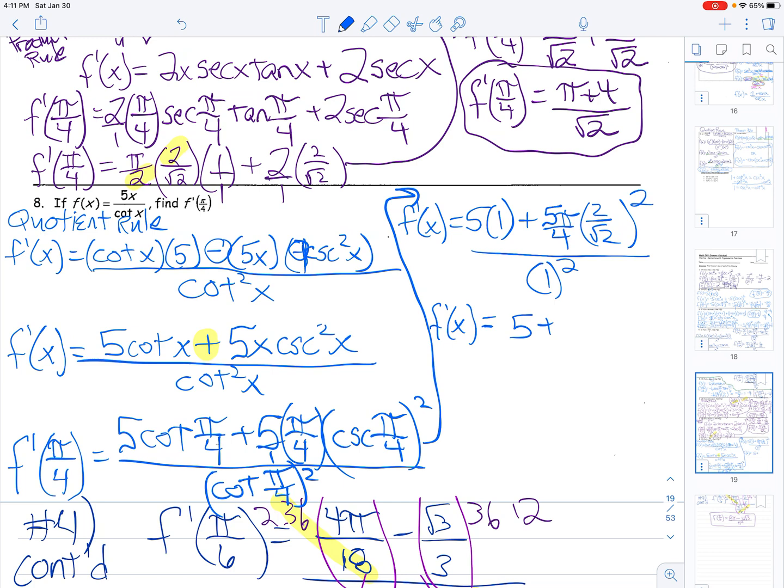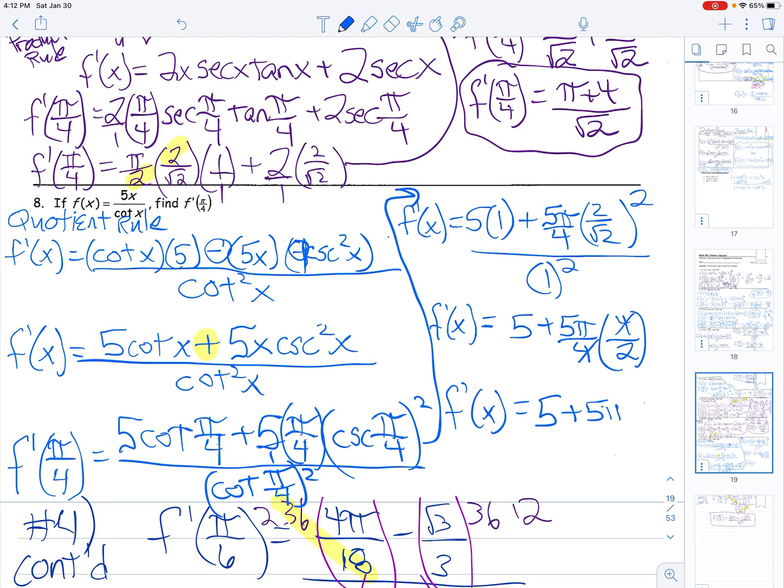All right, so f prime of x here will be 5 plus, so 2 over radical 2 squared is 4 over 2. So I'll have 5 pi over 4 times 4 over radical 2 times radical 2 for 2. And this is over 1, so I can get rid of that. These 4's would cross out, wouldn't they? 2 squared is 4, radical 2 times radical 2. That looks pretty good, would you say?